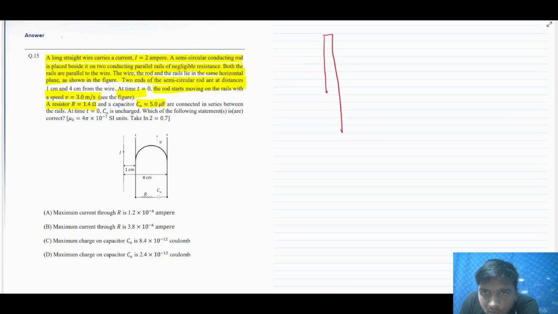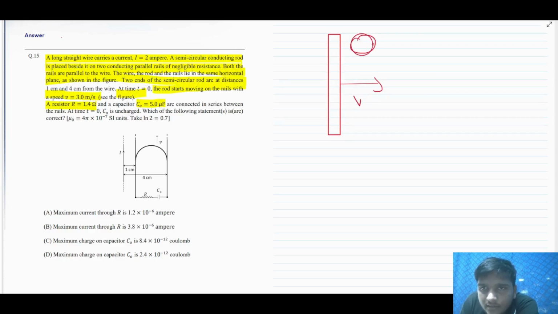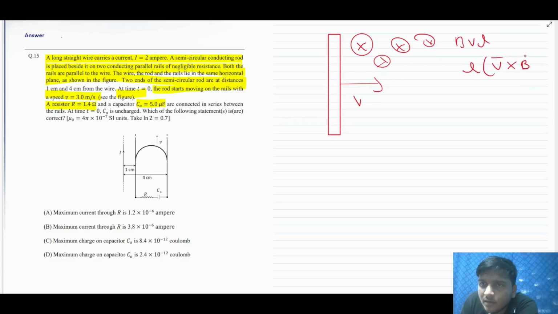Let's suppose there is a straight rod, okay? It is moving with some velocity V, and let's suppose this is the direction of magnetic field. So the EMF generated will be BVL, okay? But what will be the direction? It will be L dot V cross B, so the V cross B will give us the direction.